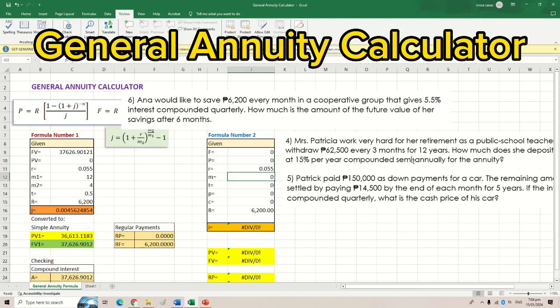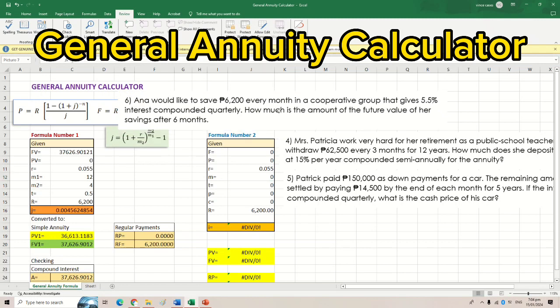Our M is the original number of compounding periods here, which is, where's the problem here? Here's the problem. Okay, quarterly. Quarterly is 4 times a year. Okay, and the time is the same, 0.5 a year.